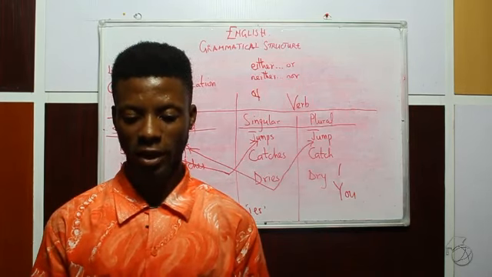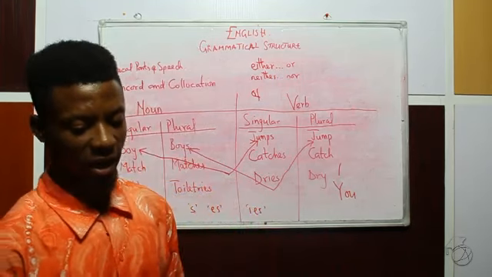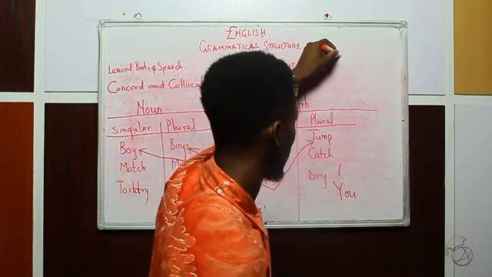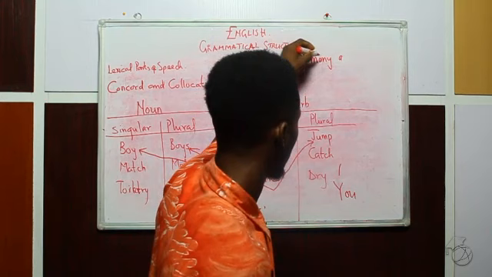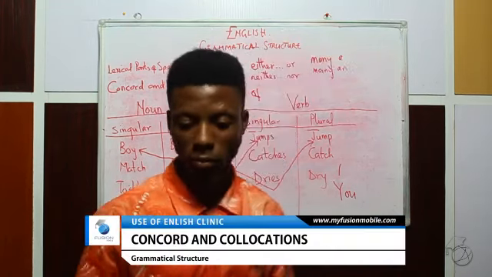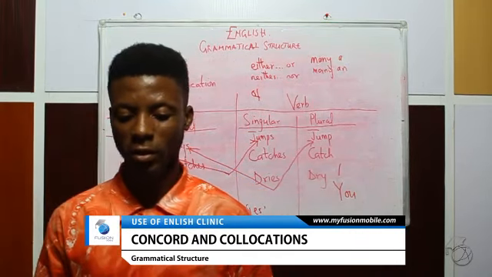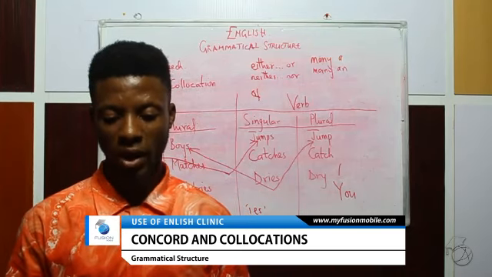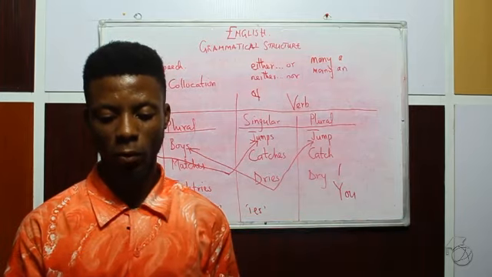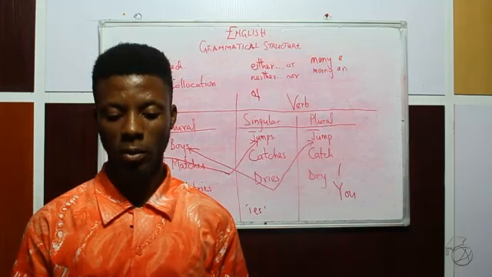Another application of Concord says, many a or many an must be followed by a singular noun in a sentence, followed also by a singular verb.